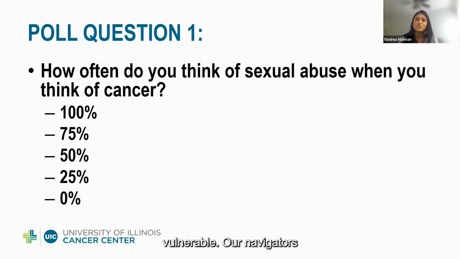Our navigators are often trained in mental health, and they're trained to identify and refer individuals who have had some sort of trauma and need care for that trauma, and redirect them for care.